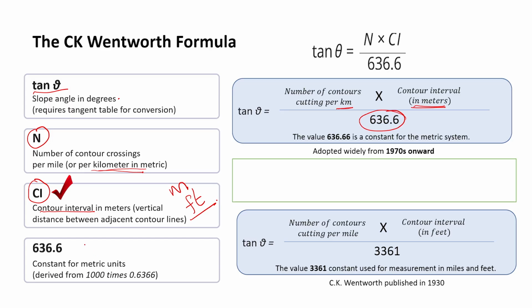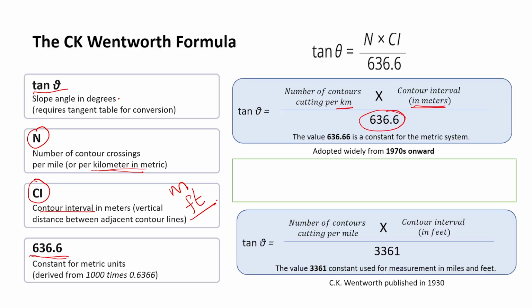Then we have the constant for metric units. This is 636.6. Don't worry, we will show you how we have arrived at the constant.